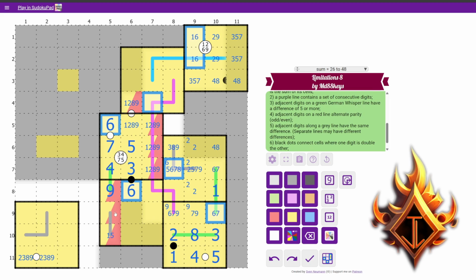It'd be that one, wouldn't it? Then 8 would be at the bottom, it'd be right there in that case, because this would be 2, 3.